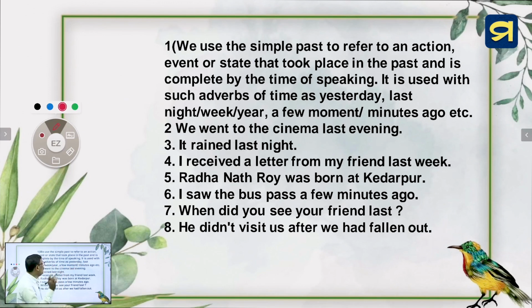Always remember, if you come across adverbs like yesterday, last week, last night, last month, last year, previous month, previous year, in 2001, in 2015, India got her independence on 15th August 1947, or a few minutes ago, 5 years ago, generally for a single action, simple past tense is used.